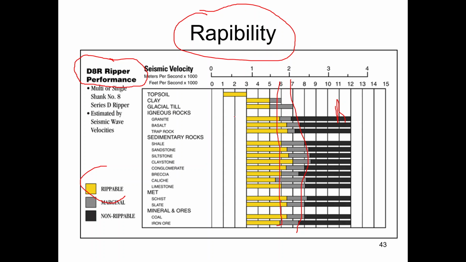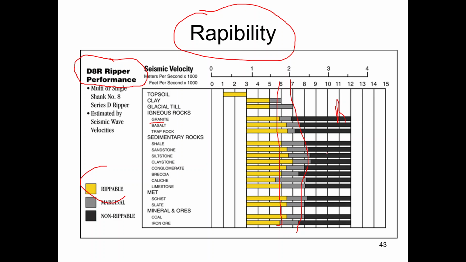For example, here if you have granite, 1000 to 1700 is considered rippable. Then if more than that, nearly 2000, is marginal. Then above 2000 is considered non-rippable, meaning you have to use explosive in your method for your excavation.